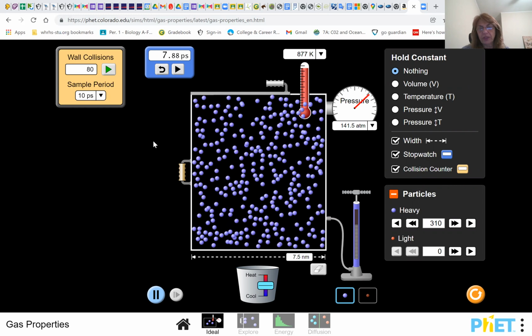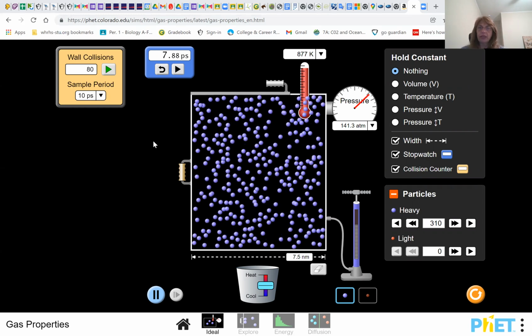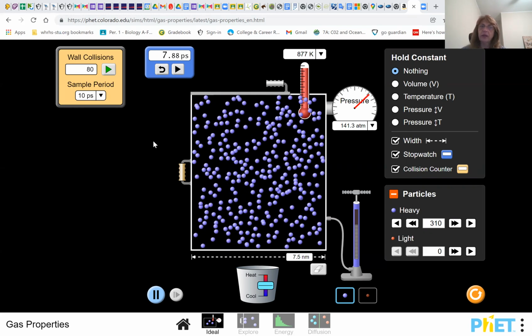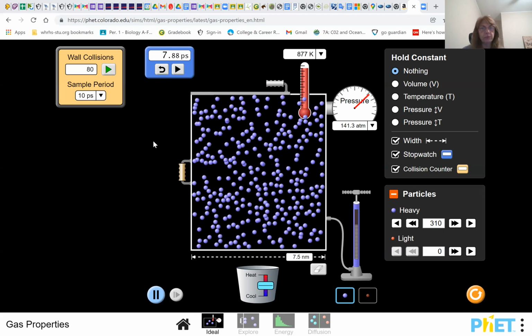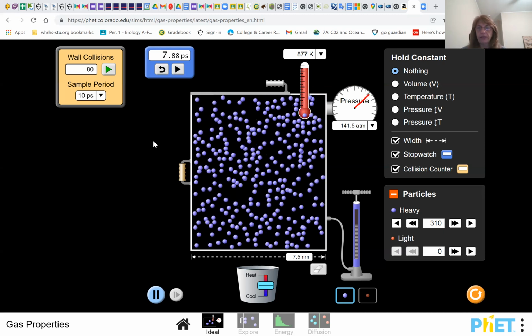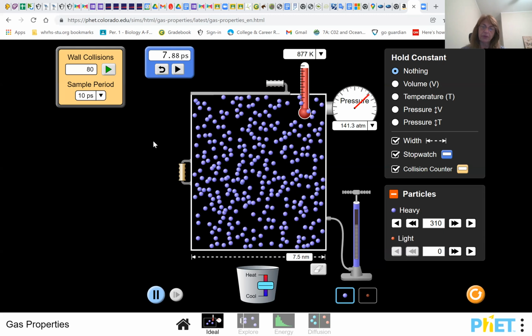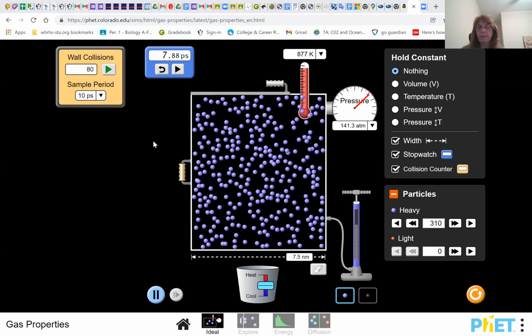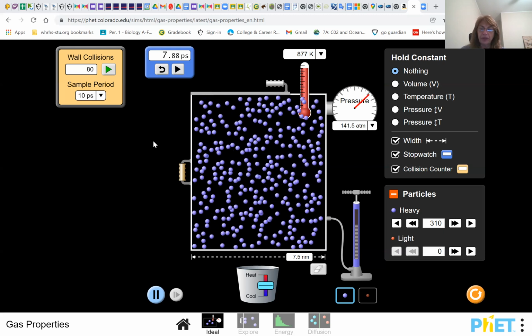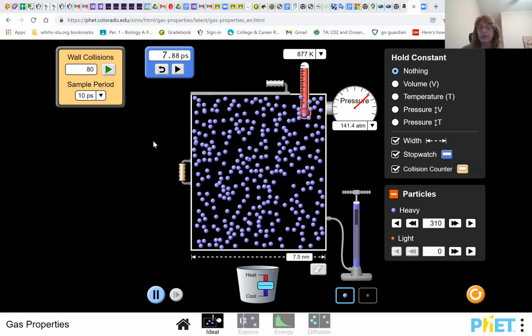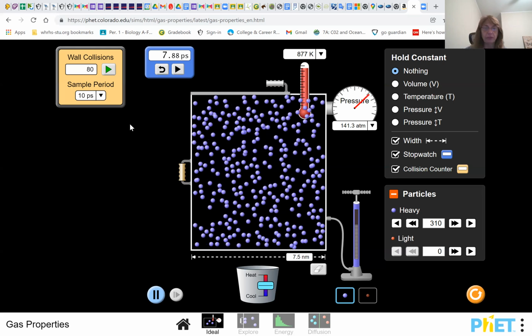So in this particular situation, we can change pressure, volume, and temperature on these particles. Now the particles are moving around quickly, bouncing off of one another, and that's what kinetic energy is all about.